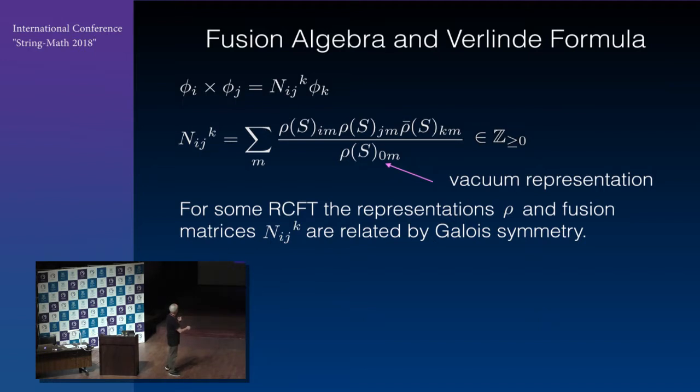So the first thing I want to explain is that the representations rho of the modular group, and therefore the fusion matrices N_ij, for some theories are related by Galois symmetry. And I want to explain this because I'm going to be generalizing this relationship of Galois symmetry.